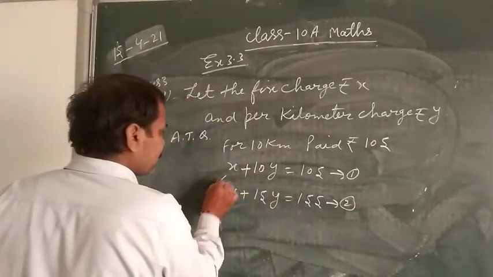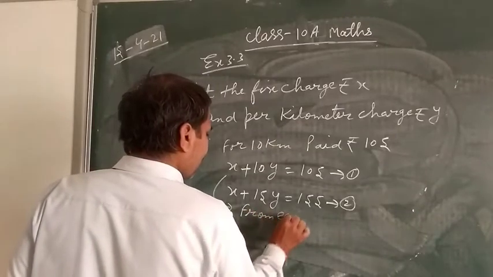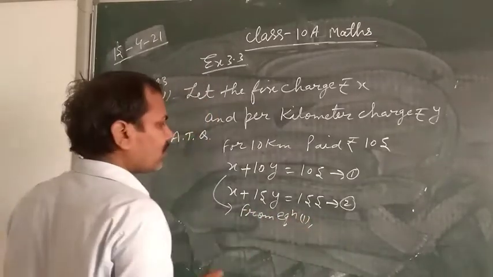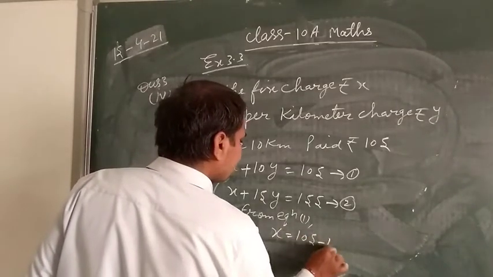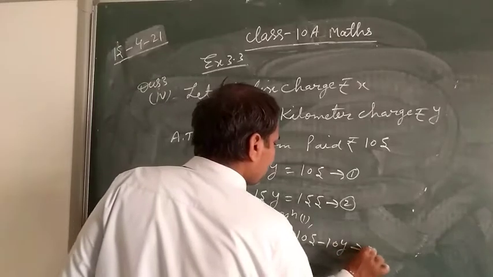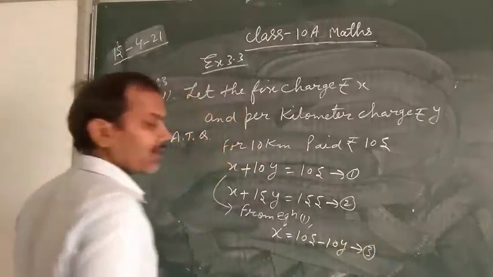So from equation 1, x is equal to 105 minus 10y. Clear?